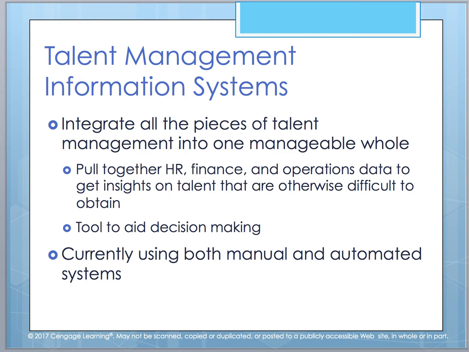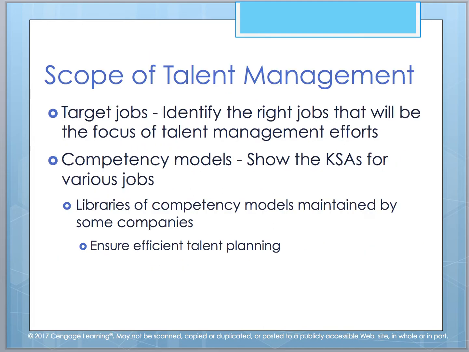So currently, if you're using both the manual and automated systems, that's where we currently are. And the ability to effectively and efficiently use this tool is key to bringing those pieces together as one.